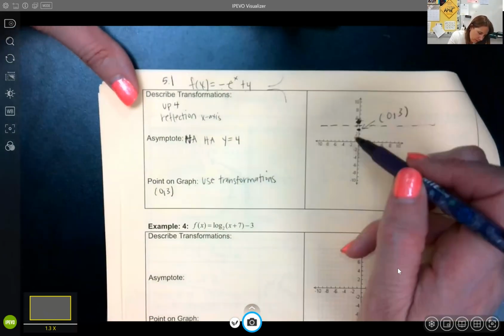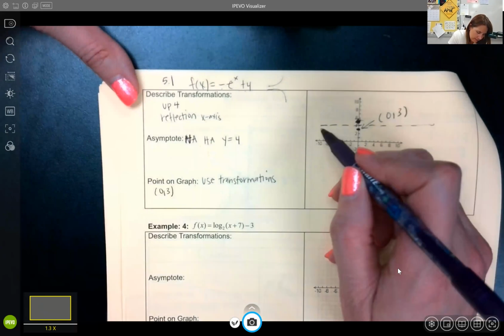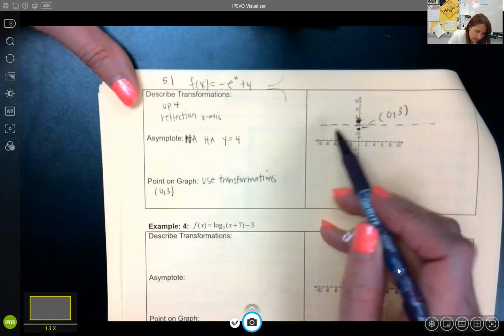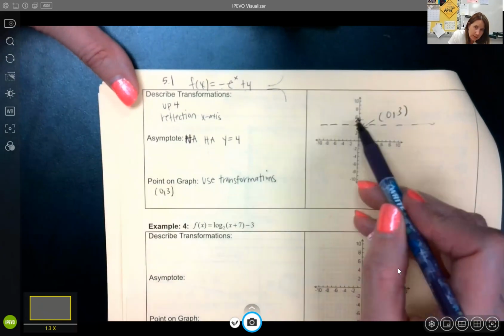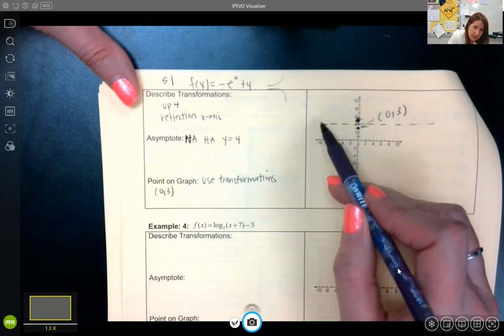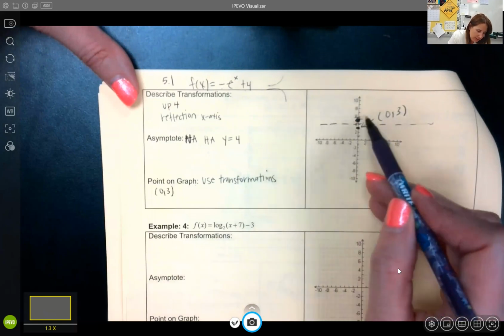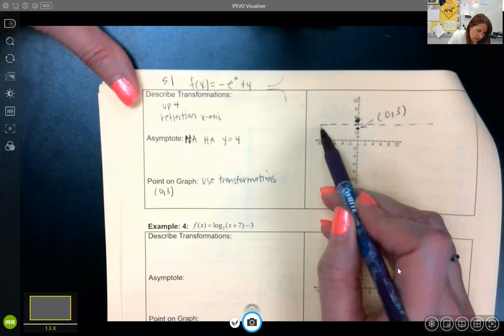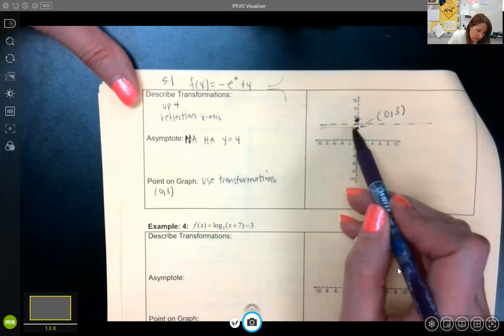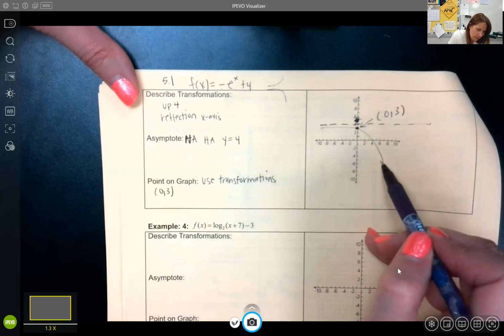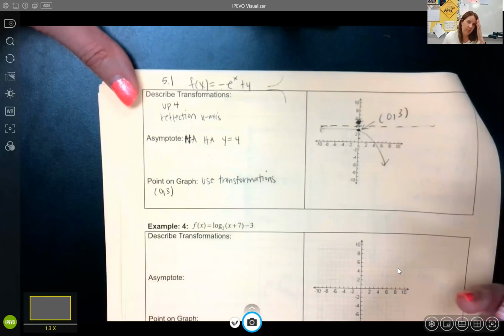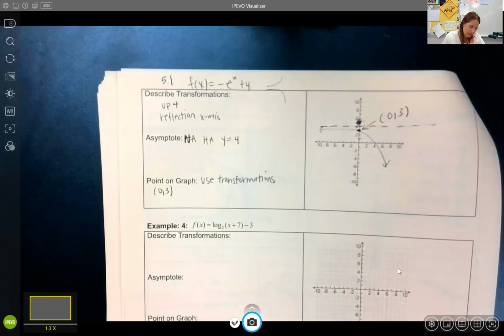So then I'm going to go, it used to go like this. It stayed close to the asymptote and then it went up. So this is going to stay close to the asymptote and then it's going to go down, because it reflected across the x-axis.